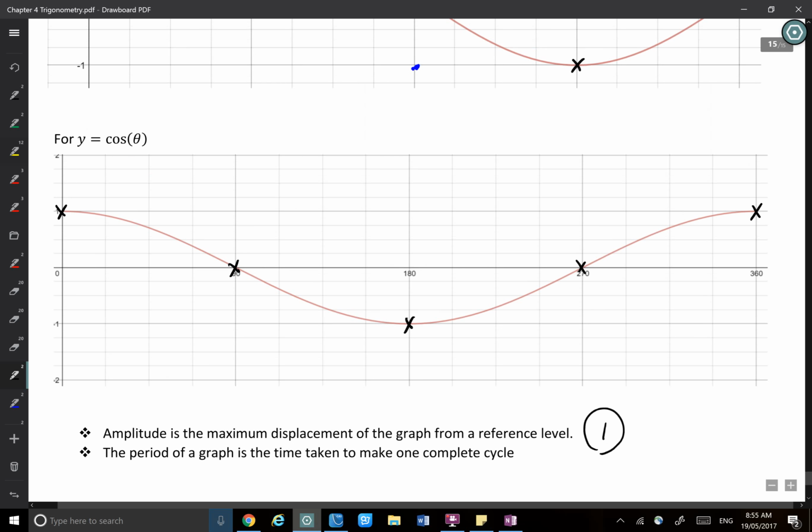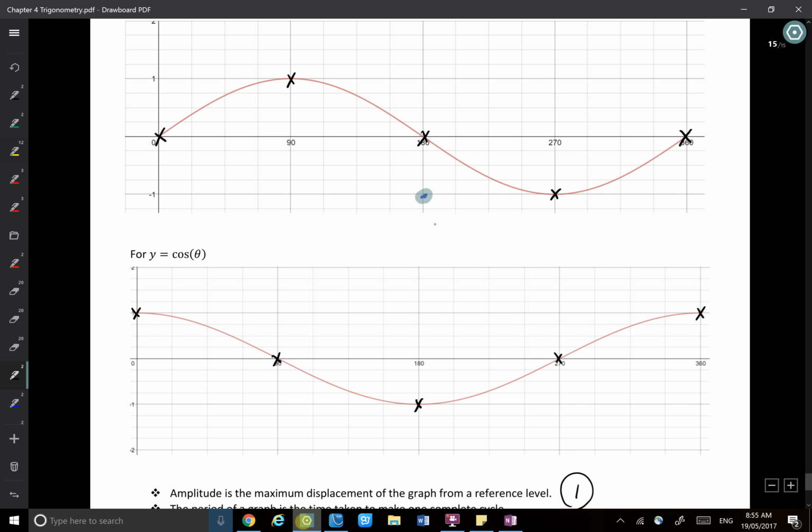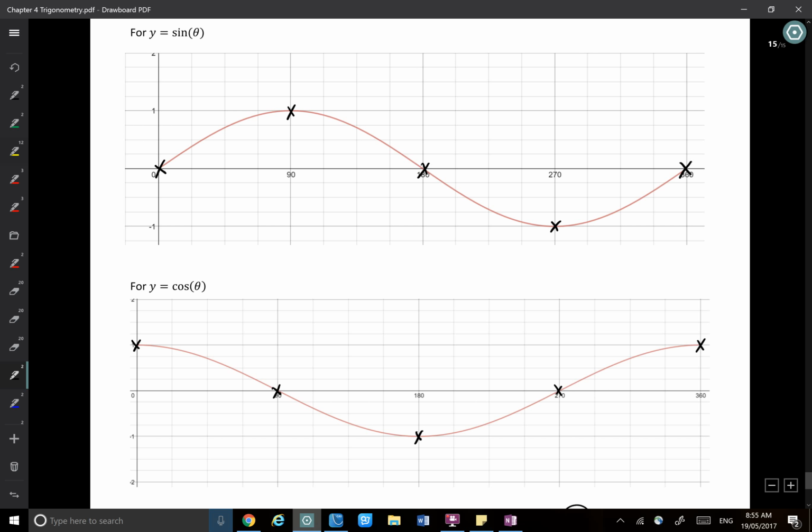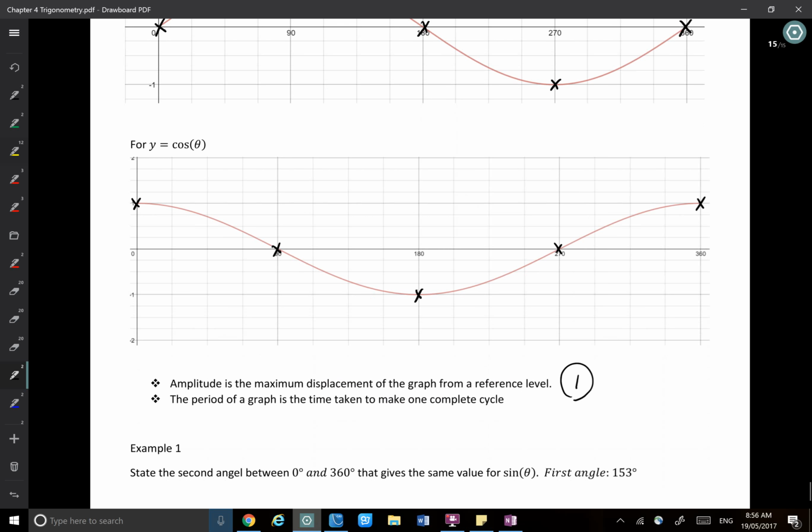Because for your sine or cosine graph, the maximum is 1, the minimum is -1, and the middle value is 0. That's the reference level, the middle of the graph. From the middle of the graph, going up needs 1 unit, and going to the minimum point needs to go 1 below, which means your amplitude is 1.